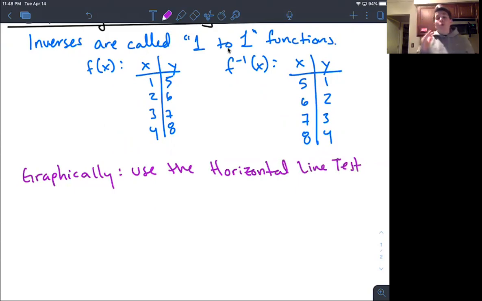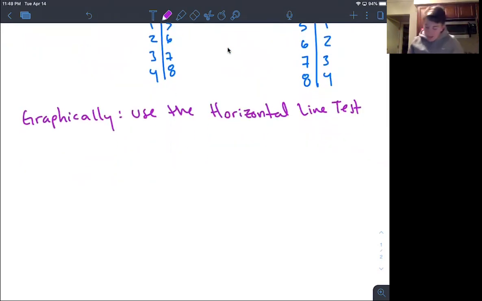Just like the vertical line test, we draw a horizontal line through the graph, and if it touches the function more than once, then it's not a one-to-one function. Because when we switch our x's and our y's, we're going to have repeating x values, and I can't have that.